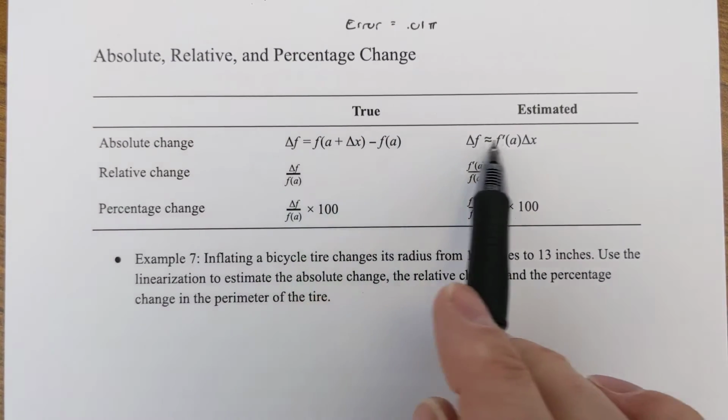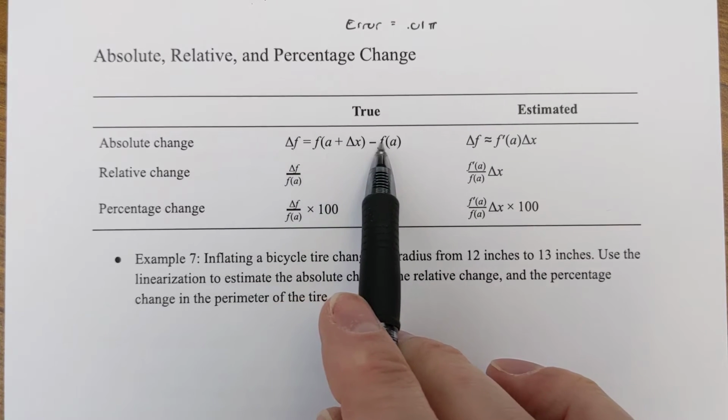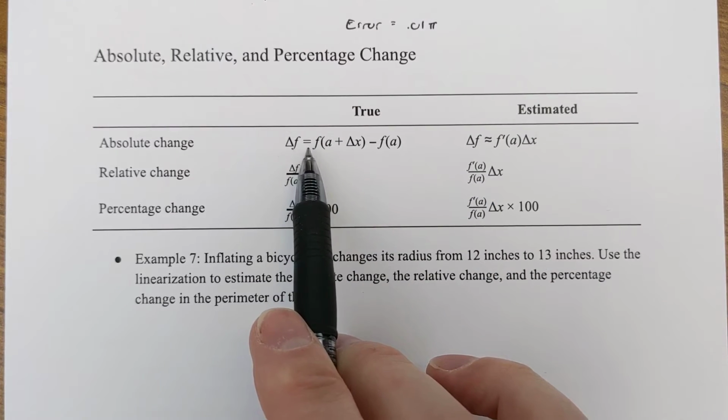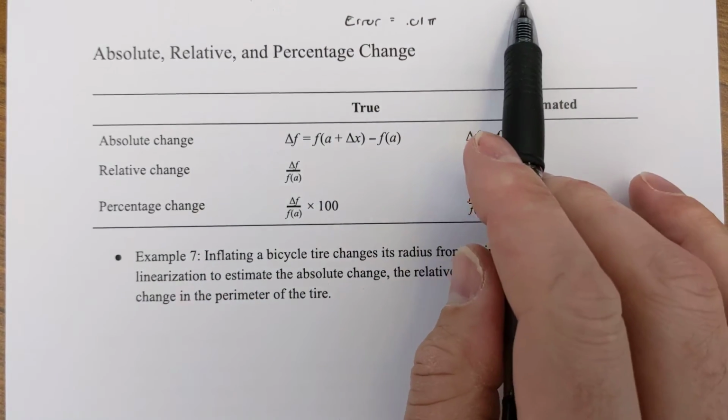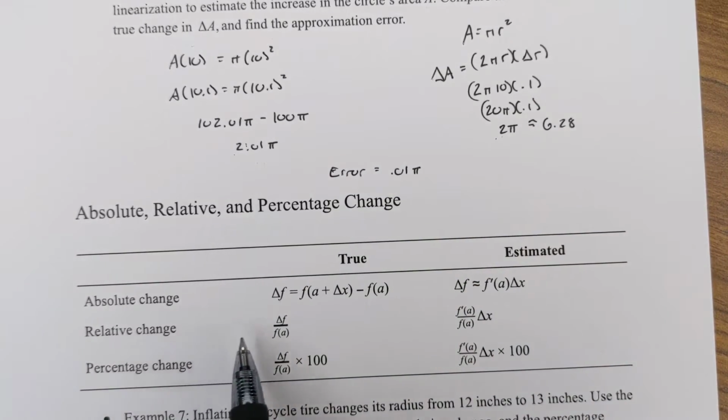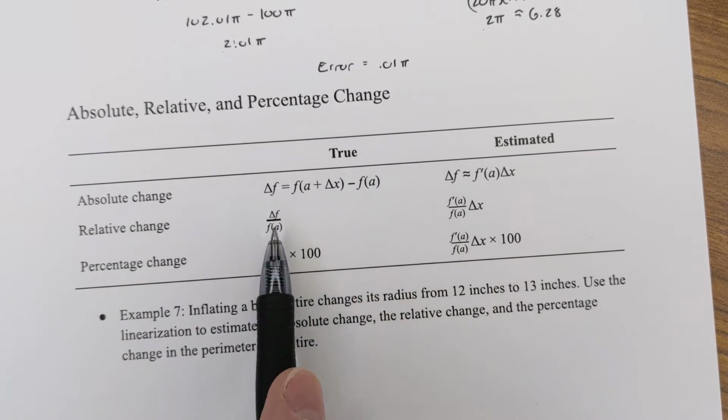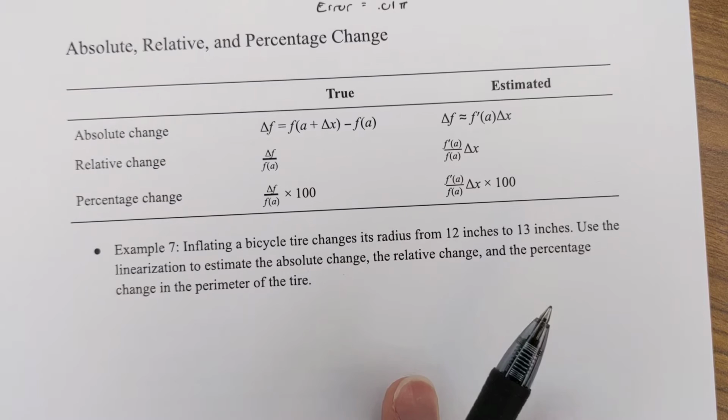For absolute change, you have this formula: true, which is how you would calculate the actual value, what we did up here. Estimated is what we did on the right over here. For relative change, you divide delta f by f of a, or here, f prime of a divided by f of a, times delta x. And then percent change just takes relative change times 100.